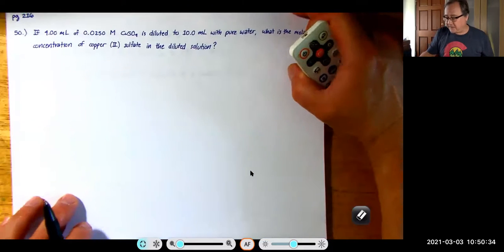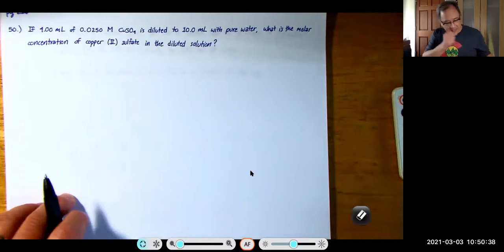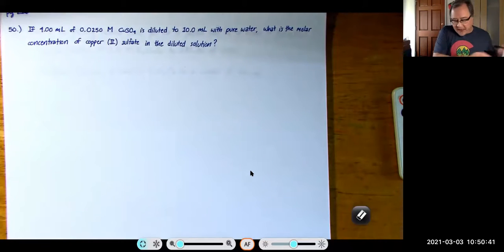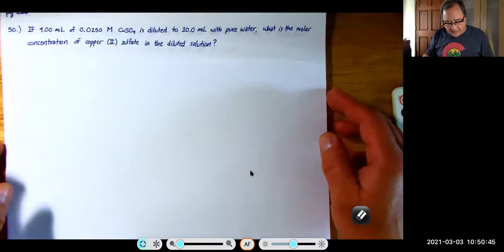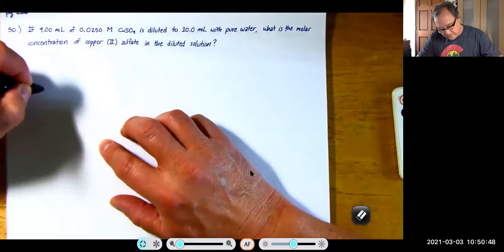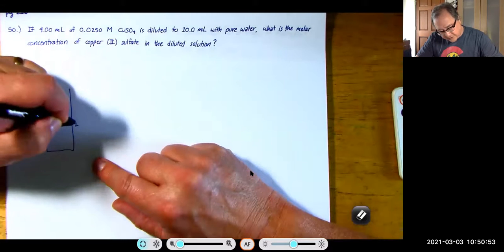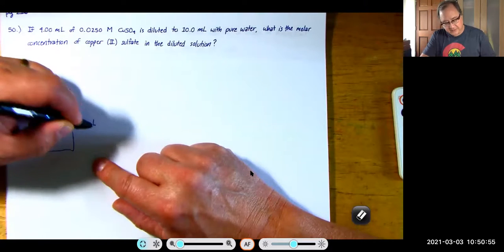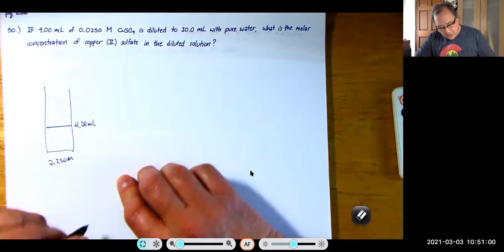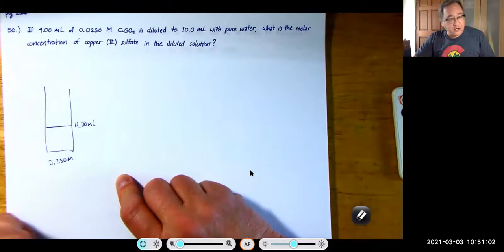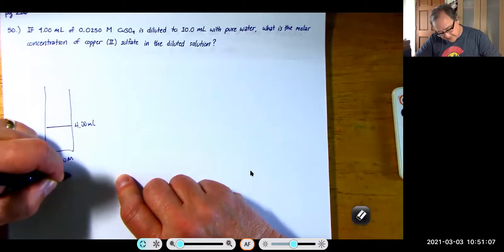Okay, so the idea behind doing this is pretty simple, but profound. So here's what I mean by simple but profound. If we take a look at our 4.00 milliliters of solution, 0.250 molar, we can actually calculate the amount of solute in there because we can do a C times V equals amount.